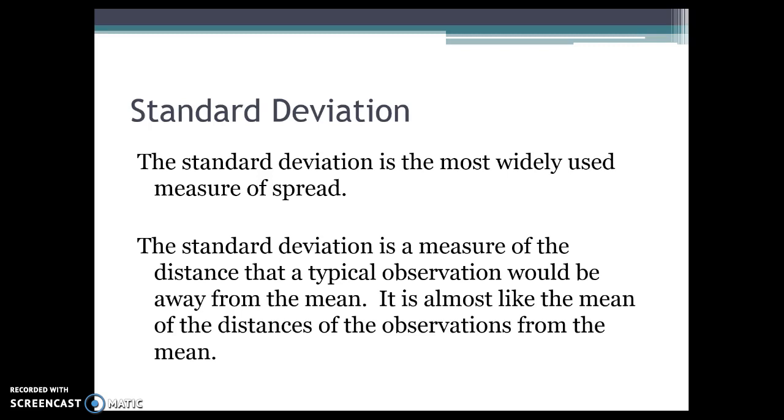So we're looking at the typical distance of observations in the data set away from the middle. So if you think about the standard deviation as the average distance, it's how far away the average observation is from the mean, you'll be thinking about it in the right way. That's not technically true because the formula doesn't quite work that way, but if you think about it that way, you'll have the right idea.